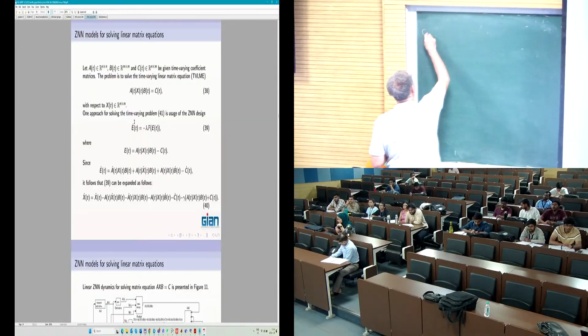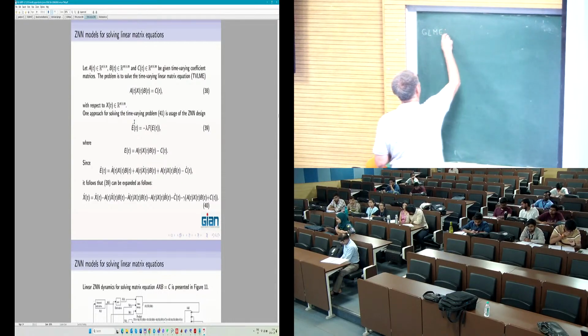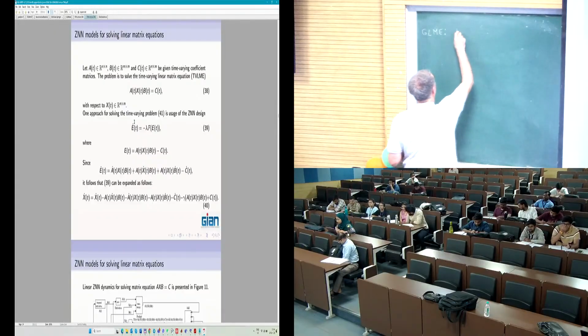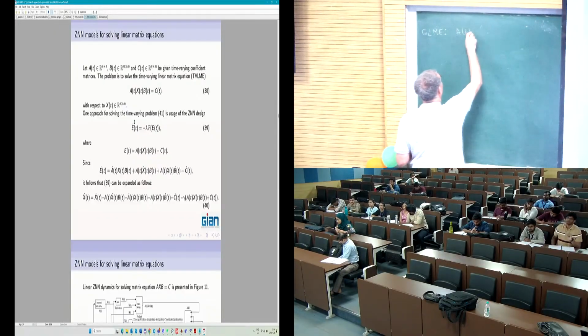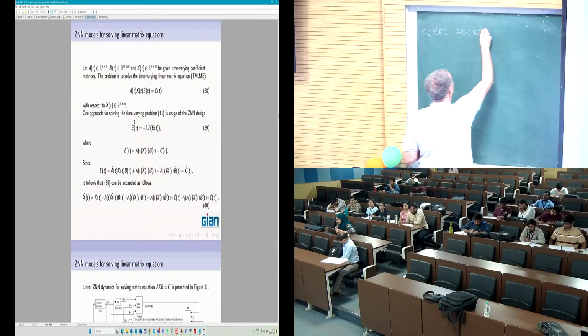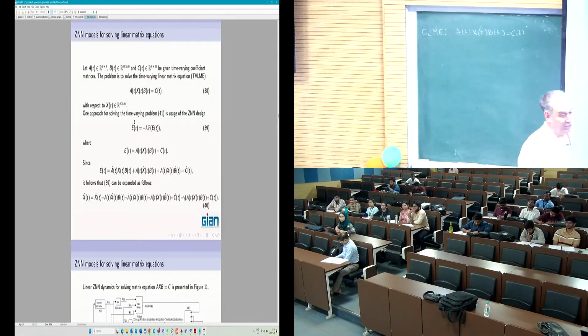We want to solve the general linear matrix equation, which is of the form A of t, x of t, B of t equals C of t, from the GNN case. But the model used here to solve this problem is different, based on ZNN dynamics.